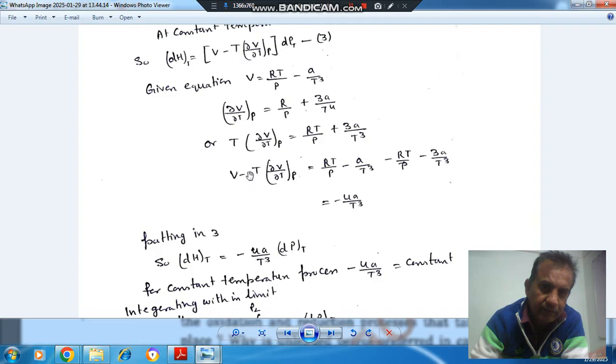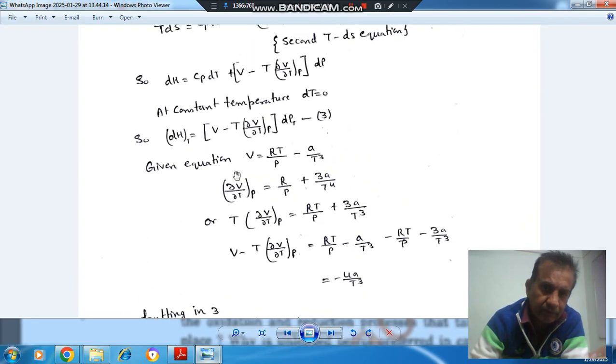Or we can say V minus T (curl V by curl T) at constant P is equal to the V value, which we started from here, minus the differentiation value.